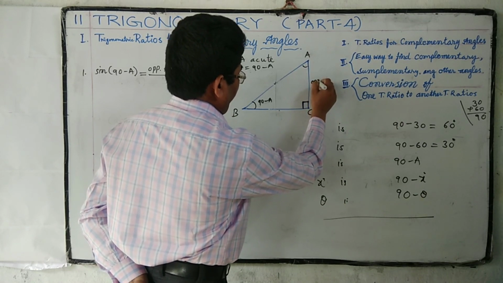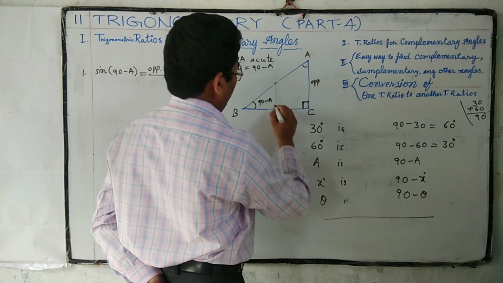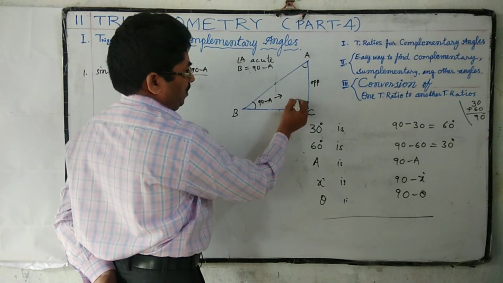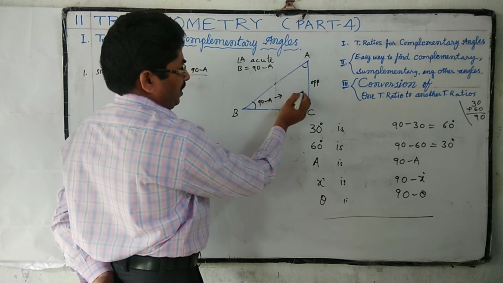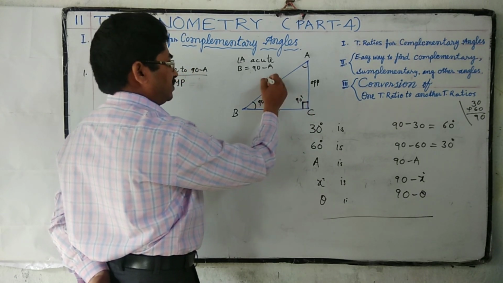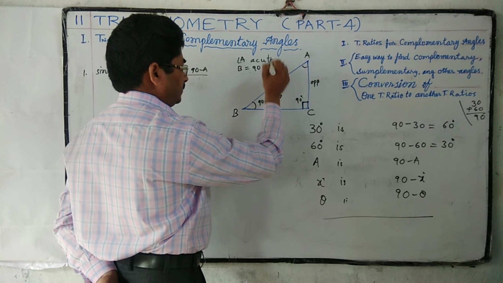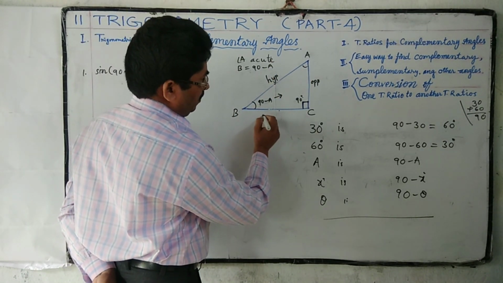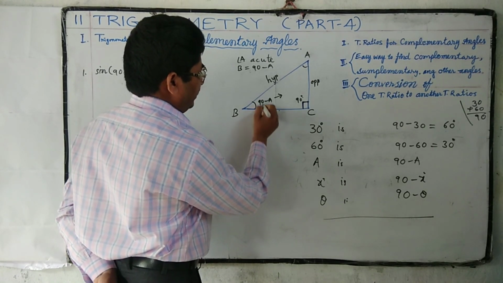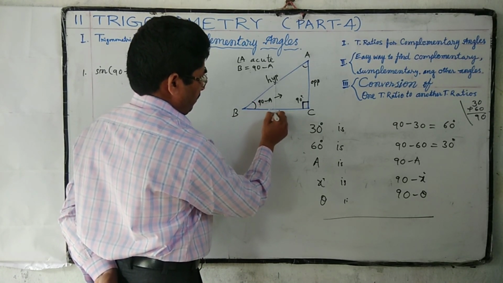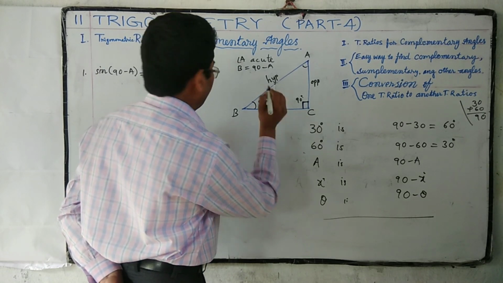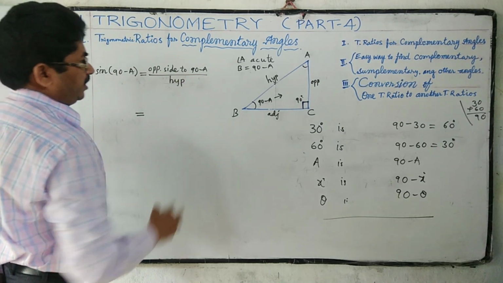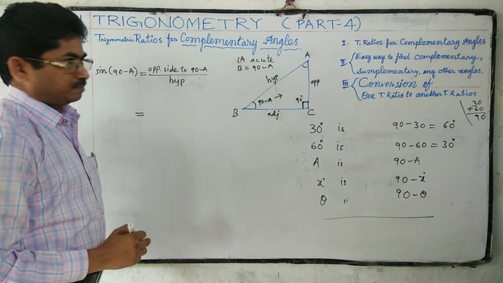This is the opposite side. This longest side, opposite to the 90 degree right angle, is called the hypotenuse. This is the adjacent side to 90 minus A. Opposite side to 90 minus A by hypotenuse.